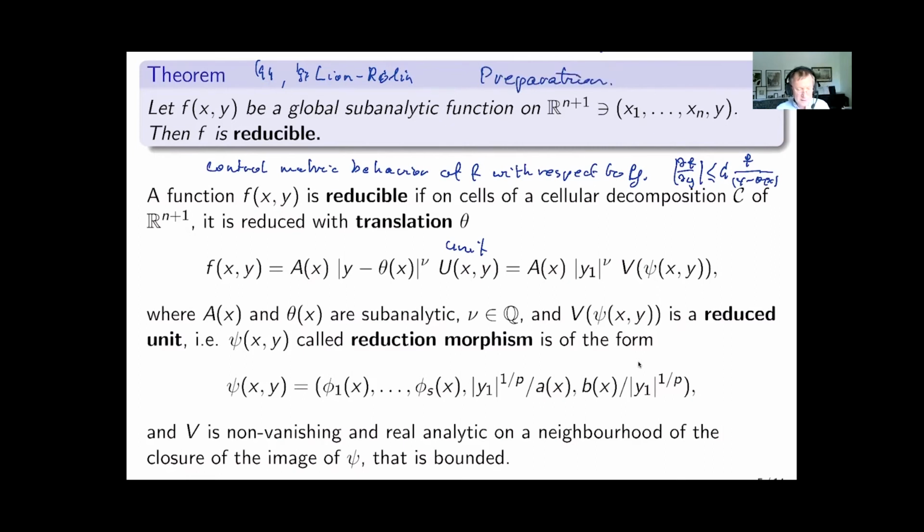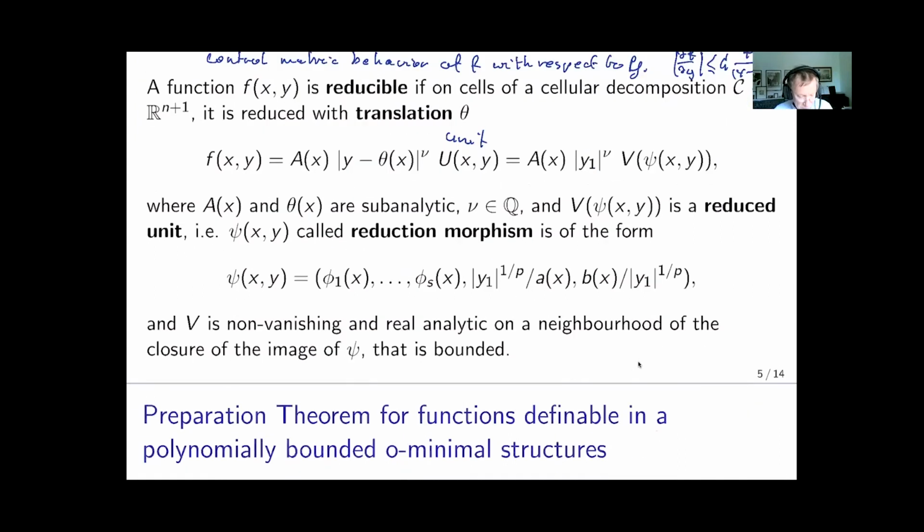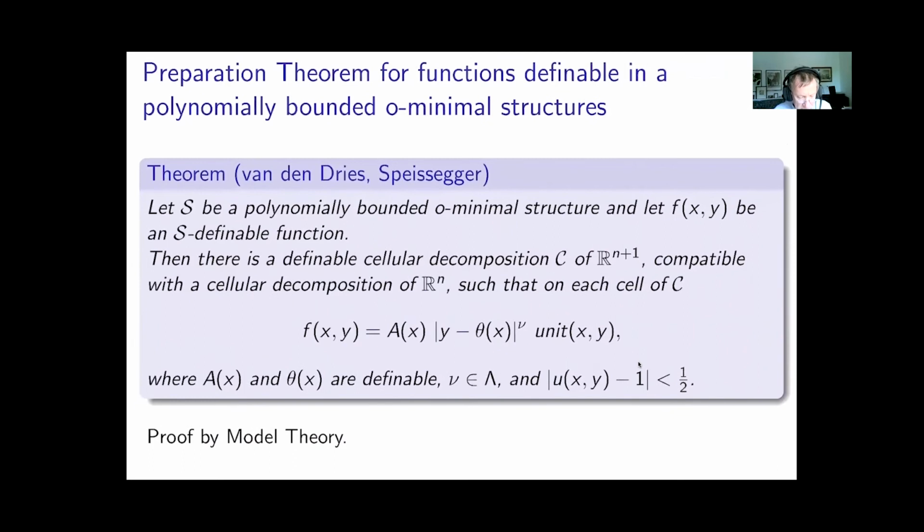And actually, in the subanalytic case, there are two proofs which are a little bit different, but in essence, they are very similar. But there is another version of this theorem, in a polynomially bounded o-minimal structure. Anyway, the theorem cannot hold, of course, in a structure which is not polynomially bounded. And this theorem was obtained by van den Dries and Speissegger, and the proof is by model theory, and it's highly non-trivial.